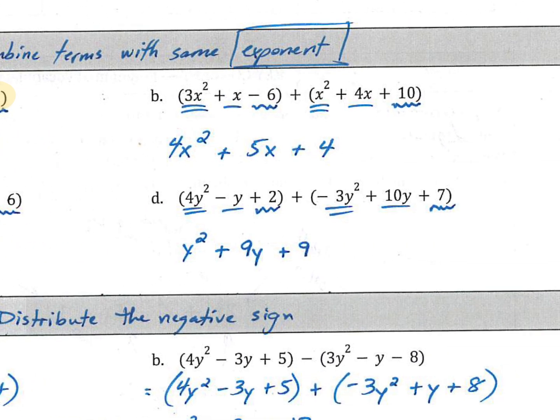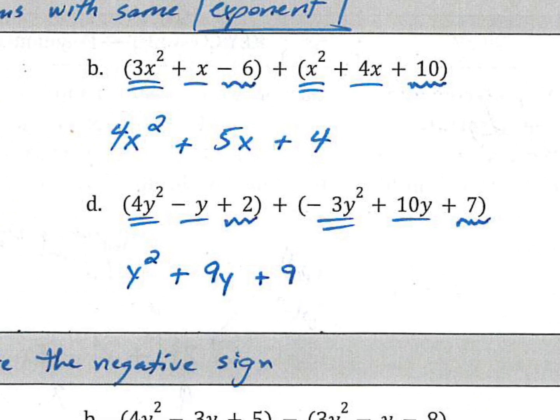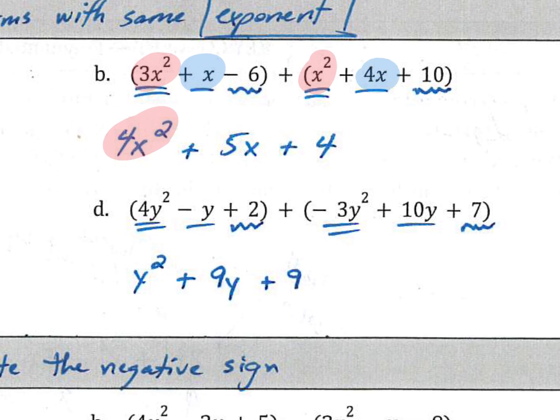Let's look at example B. 3x cubed and x cubed make 4x cubed. x plus 4x is 5x. And a minus 6 and a positive 10 make a positive 4. Remember, we are adding those all together.